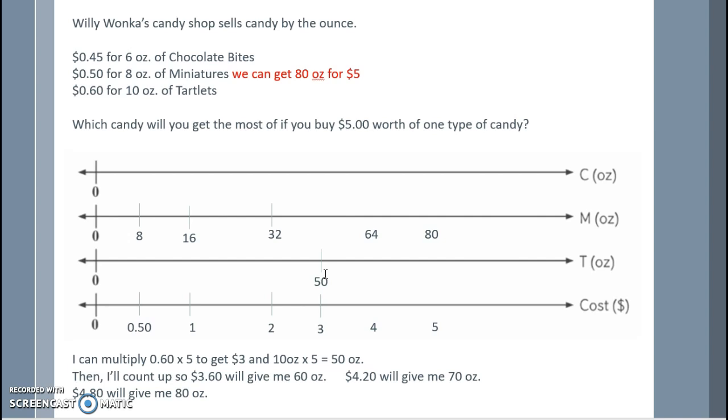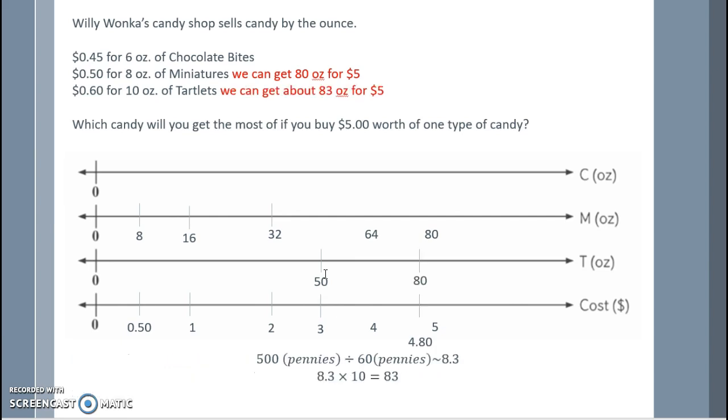That will bring me to $4.20 for 70 ounces, and $4.80 for 80 ounces. So for $5, I'll be able to get more tartlets, because for only $4.80 I can get 80 ounces, whereas with the miniatures I had $5 and that gave me 80 ounces. I still have 20 cents left to go.